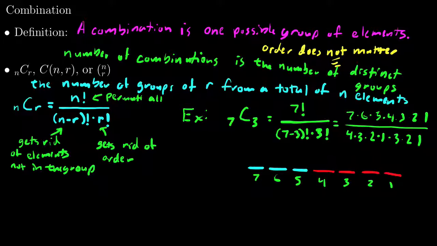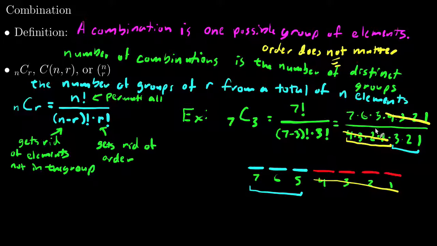The 4 factorial here, which was from n minus r, is what tears this off. It's going to cancel out 4, 3, 2, 1, top and bottom. And then the last part, the 3 factorial, is what takes care of getting rid of order. Since we have 3 elements here, and this is a permutation, it keeps track of order, I want to get rid of order, so the number of ways I can permute these 3 elements is 3 factorial.